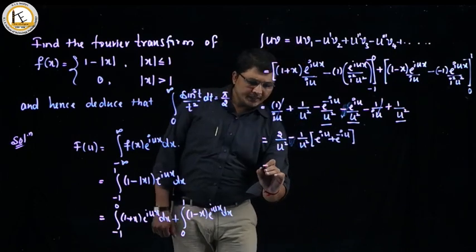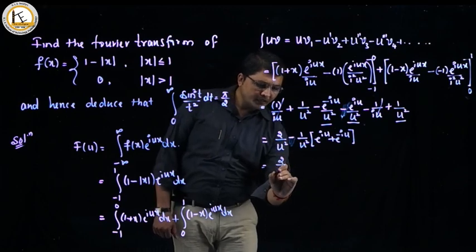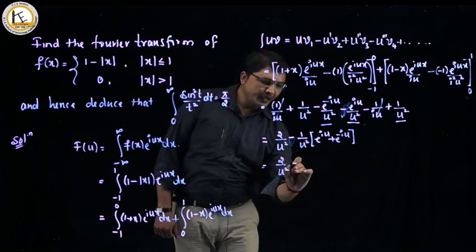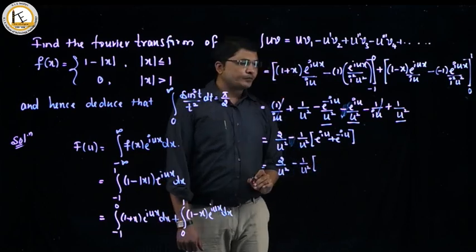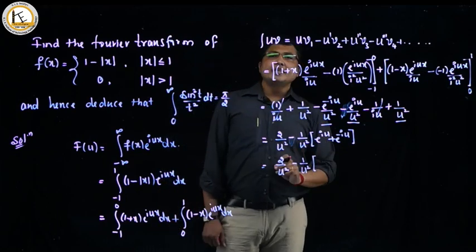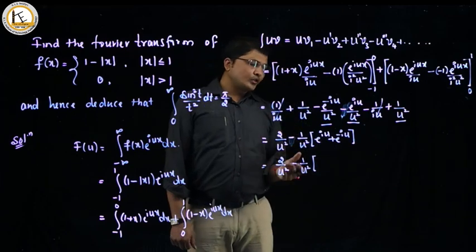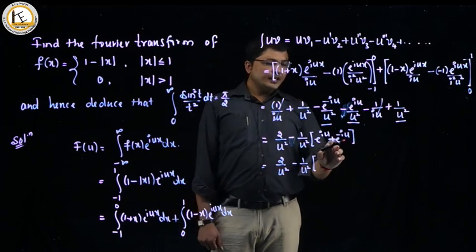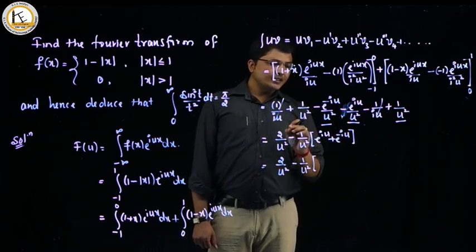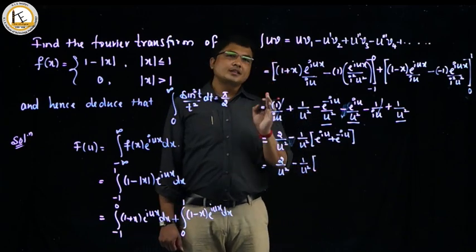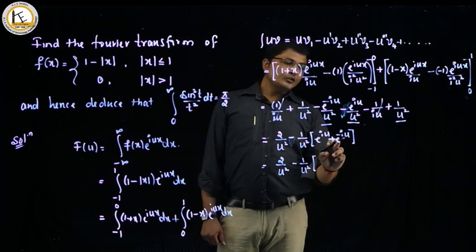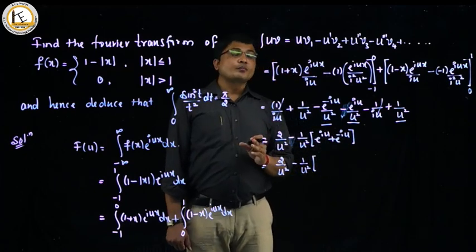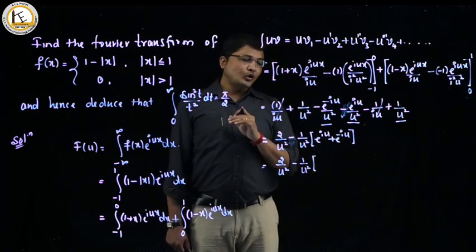So the next step will be 2 by u square as it is, minus 1 by u square into the bracket. Since we know that e raised to i theta is nothing but cos theta plus i sin theta, and e raised to minus i theta is nothing but cos theta minus i sin theta, therefore e raised to i theta plus e raised to minus i theta will give you 2 times cos theta.